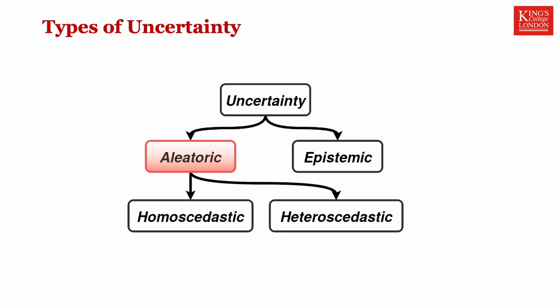But homoscedastic, because it's general and happens to the same amount everywhere, is also much easier to estimate, because you only need to get a single value describing the uncertainty at different locations in the image. So a single value saying that this is uncertainty everywhere, while for heteroscedastic methods, you need to have an uncertainty estimate per pixel of an image, or per feature column that you're feeding into a machine learning algorithm.